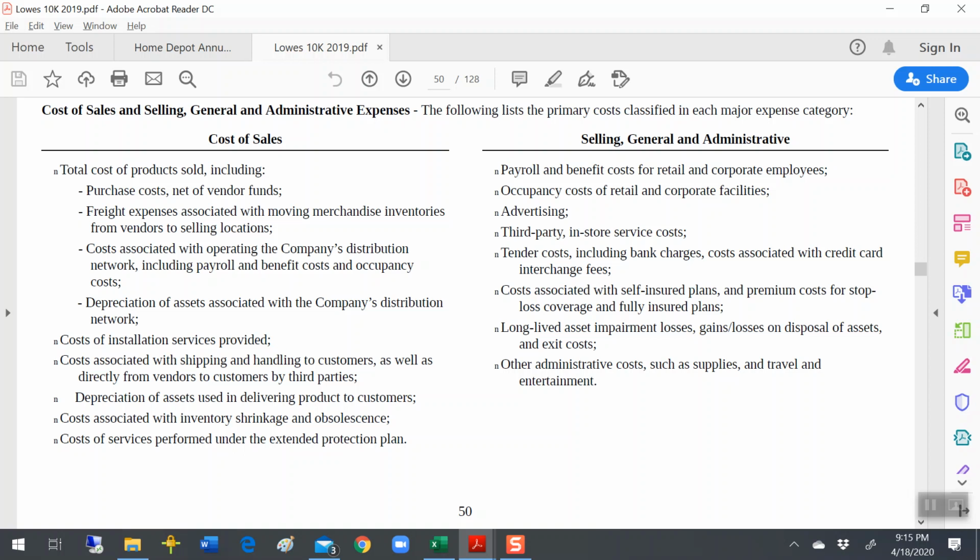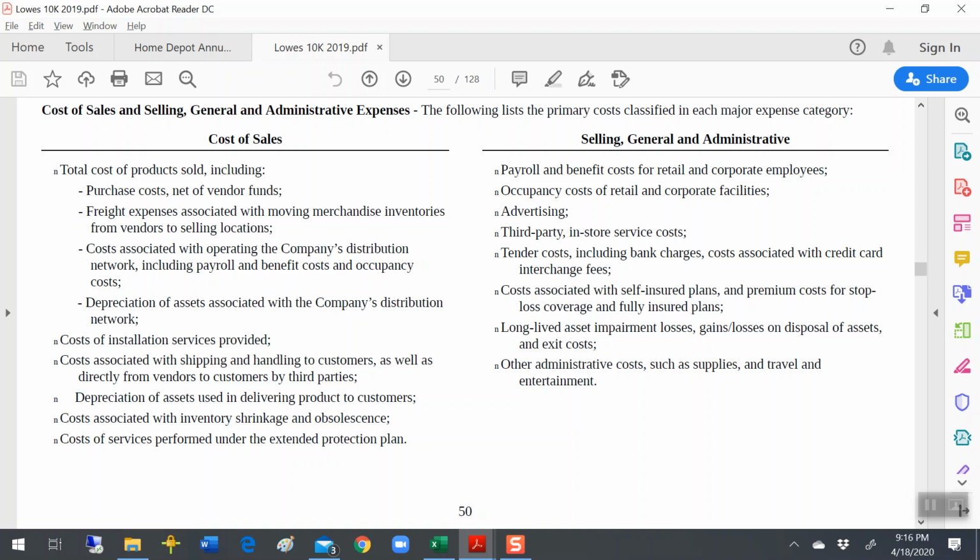If Lowe's buys a load of hammers that they can't sell, and they have to then turn around and say, oh, well, we paid $10 for these hammers and I can't sell them, I'm going to sell them to the dollar store for 50 cents each, then that obsolescence or that lower of cost or market on the inventory cost, it's just another cost of doing business. So cost of goods sold includes a lot of stuff other than just what we paid the vendor to buy his product and put it on our shelf.